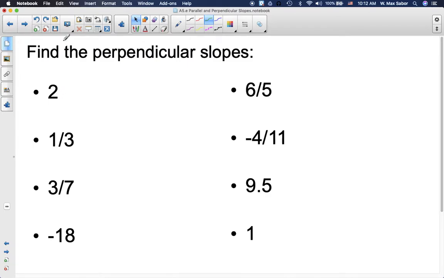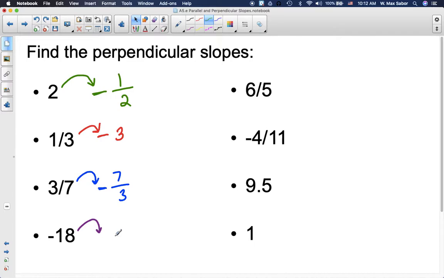A negative reciprocal is when you flip the number and make it negative. Flipping 2 becomes 1/2, and to make it negative, negative 1/2. To flip 1/3, well, it's 3 over 1, or 3, and it becomes negative 3. 3/7, we flip it to get 7/3, and we make it negative.